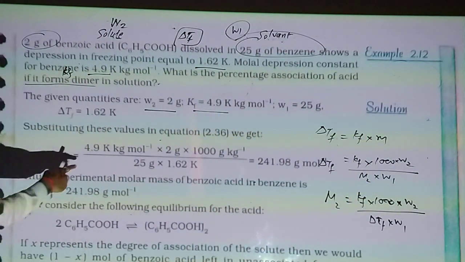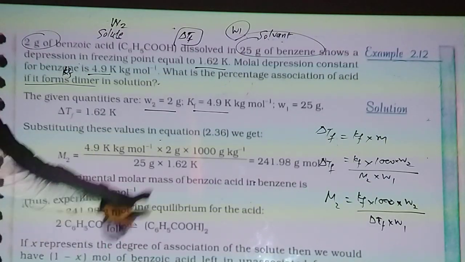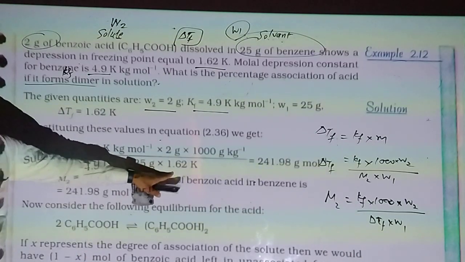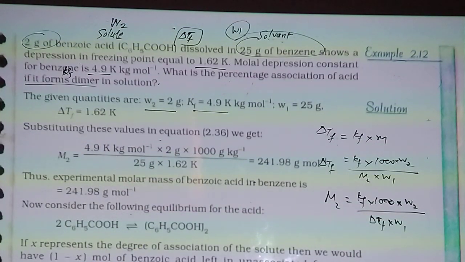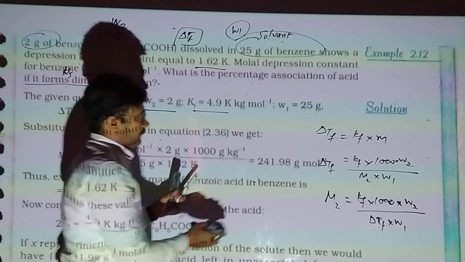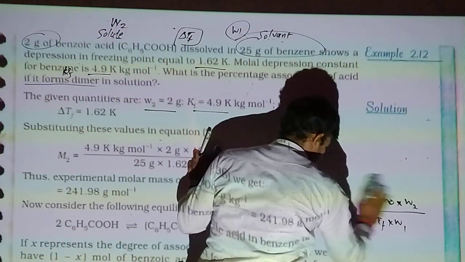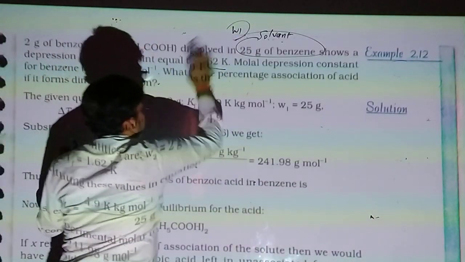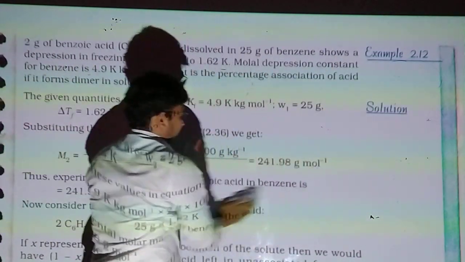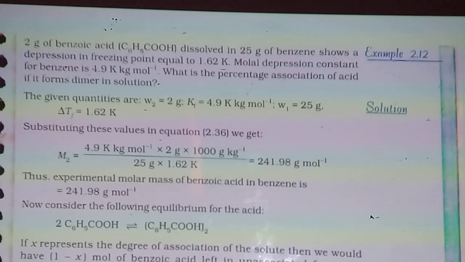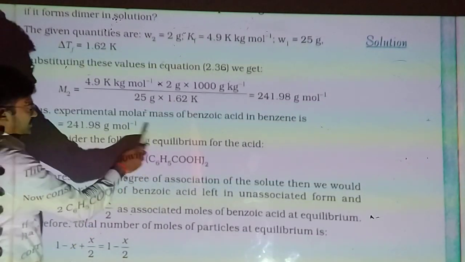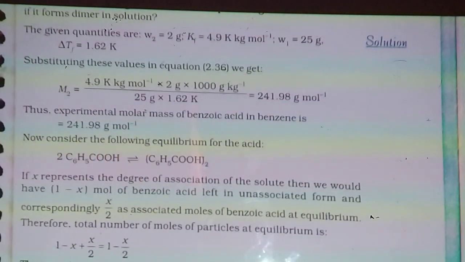On the basis of it, Kf 4.9, 1000, W2 2 gram, W1 25, delta TF 1.62. So this is a practically derived value, experimentally. The molecular mass of solute we get is 241.98 gram per mole. Thus the experimental molar mass of benzoic acid is 241.98.